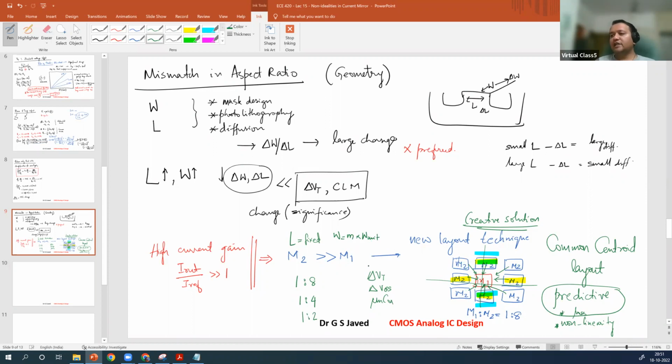So you will keep it in that way such that we can use this technique and get a reduction in non-idealities with respect to mismatch. So whether you have a 1:4, 1:8, depending upon how you keep the layout, you can get the value, right? So these are the simple ways of doing.